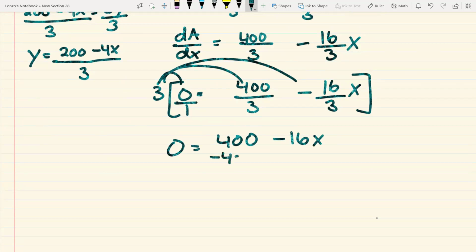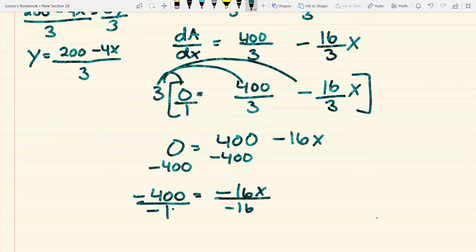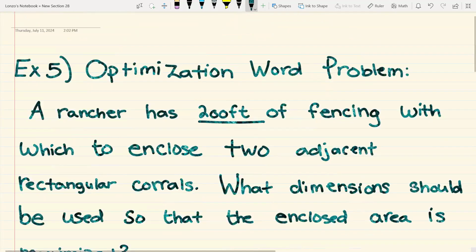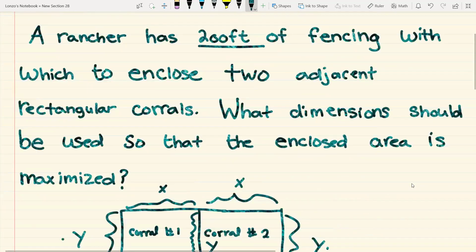I'm going to subtract 400 and divide by negative 16. And 400 over 16 is 25. So 25 is our critical value, our x length, but is it going to give us a maximum value?